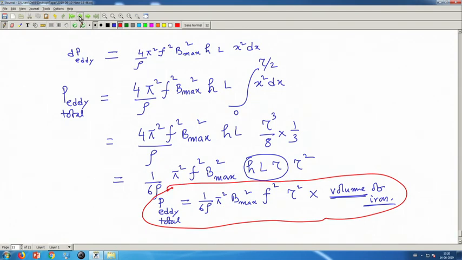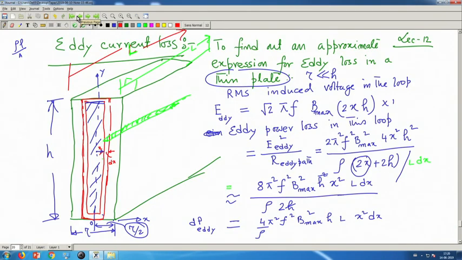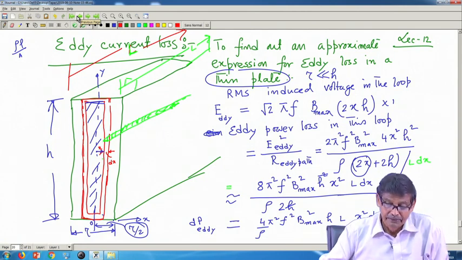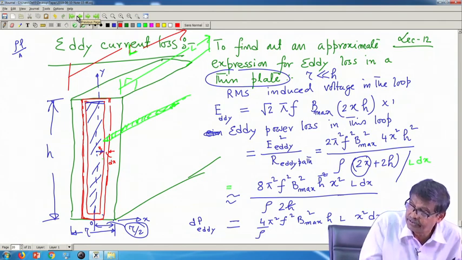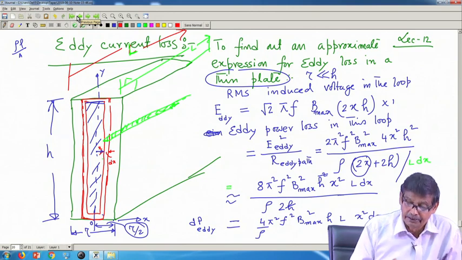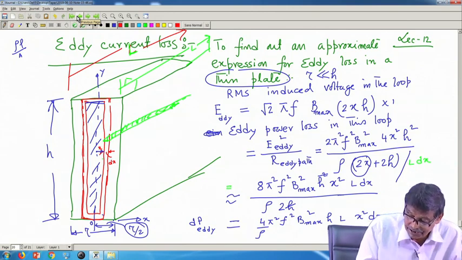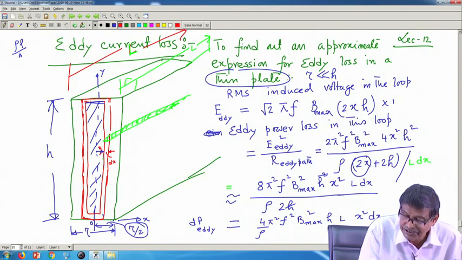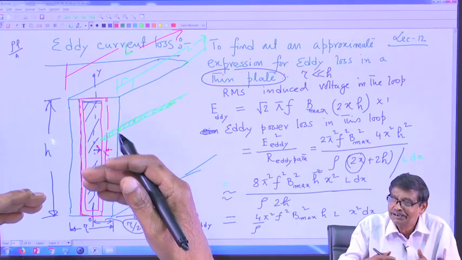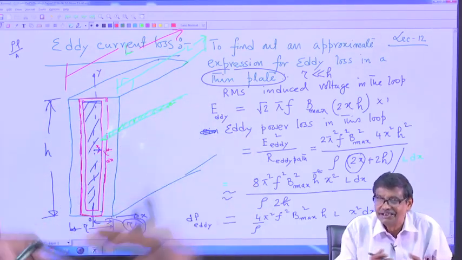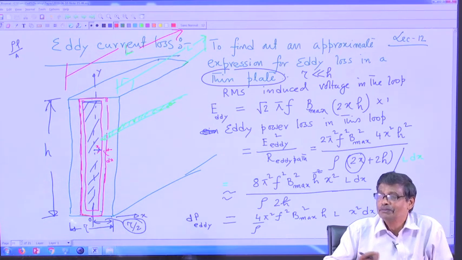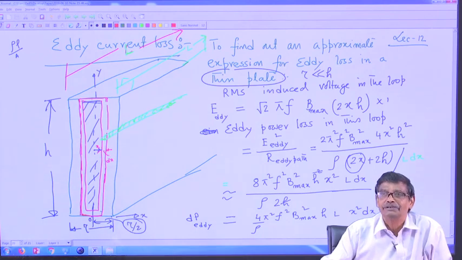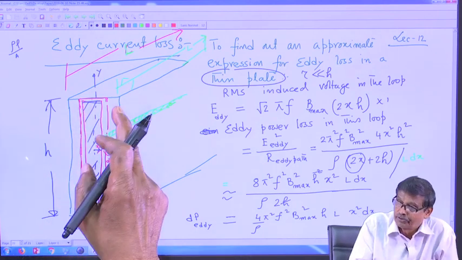Now, going to the previous page, you also notice I have assumed another thing. When I vary x, I have considered the loop not like this, but it covers the whole area as you vary x. But not only that, when x varies, this portion remains same, as if I have calculated that area many times. But anyway, whatever I am estimating will be slightly higher, it is no harm. So, there is another approximation.